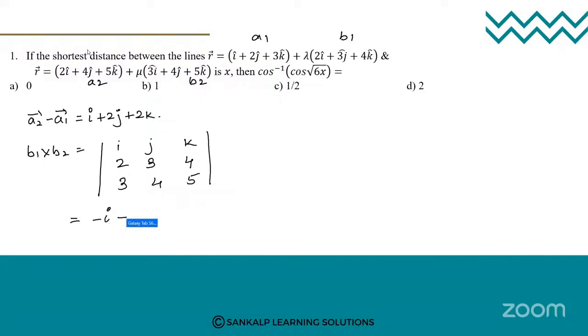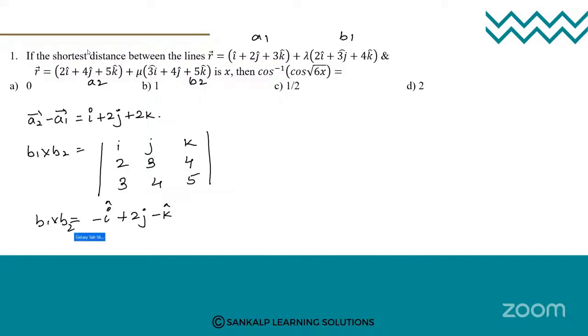Okay, next 10 minus 12, minus of minus plus. 8 minus 9 minus k. Correct? If I'm not wrong, please check. Yes, okay, fine. Now we got b1 cross b2.